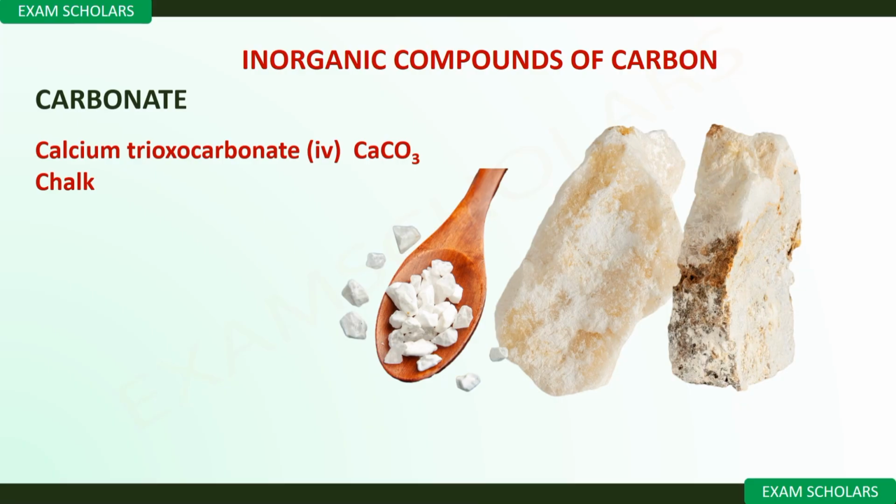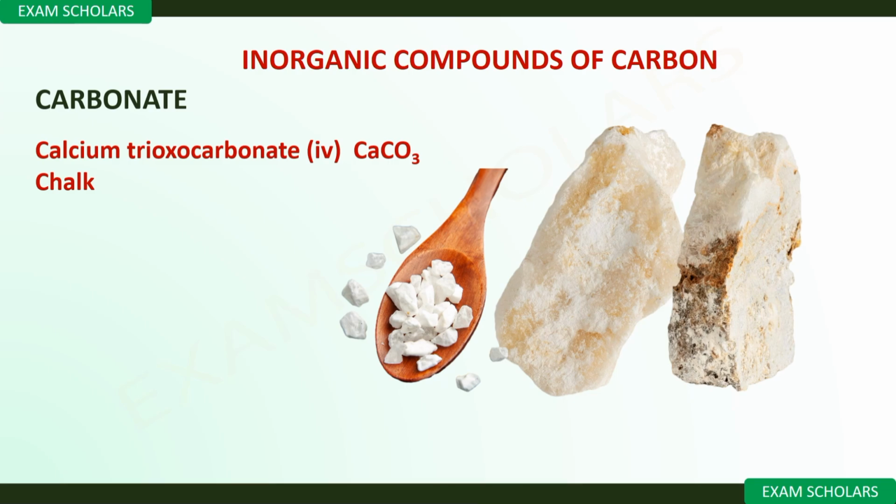We also talked about activated charcoal. Activated charcoal is formed when you heat charcoal and infuse some gases inside it in order to increase the surface area for adsorption. Adsorption is different from absorption. Adsorption is when gases are trapped on the surface.